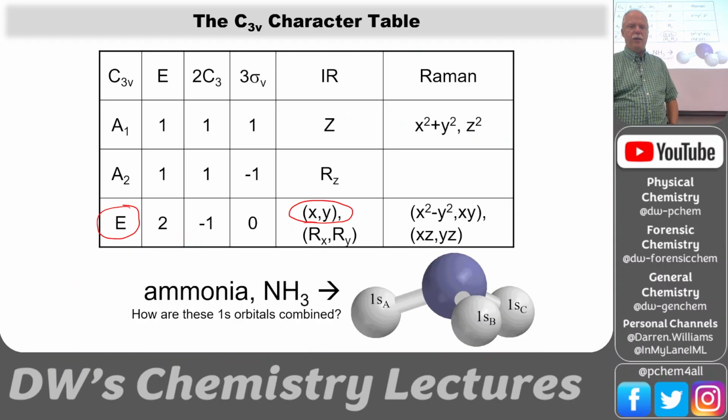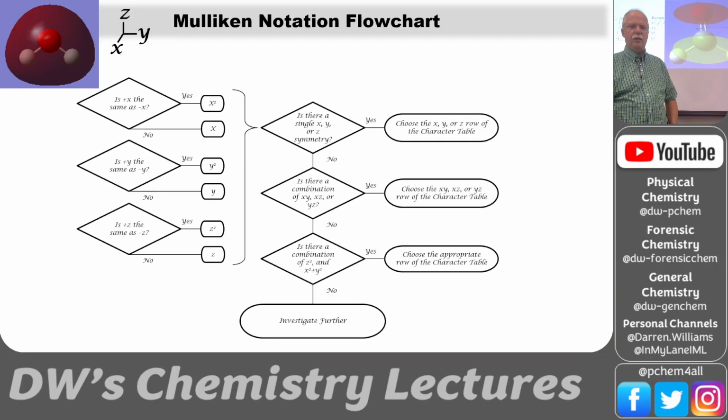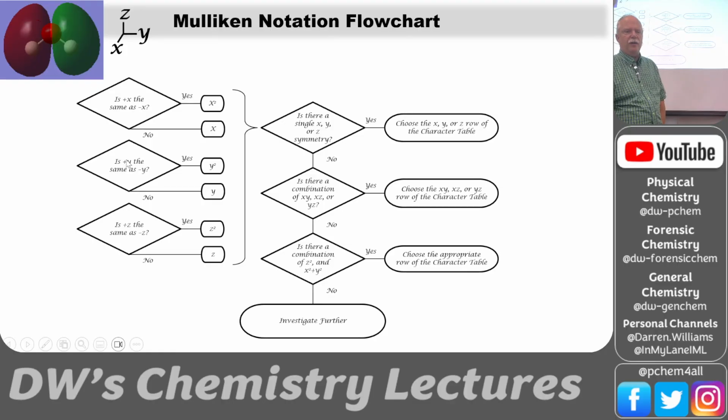So let's go back to this thing that I skipped over, this flow chart. That's kind of hard to see probably, but what we're doing is we're taking a picture of, let's use this one. So we're looking at the molecule up there, and we're asking this question. You see the molecule, you see the electron cloud with its colors, and you see the X, Y, and Z coordinate system right next to it.